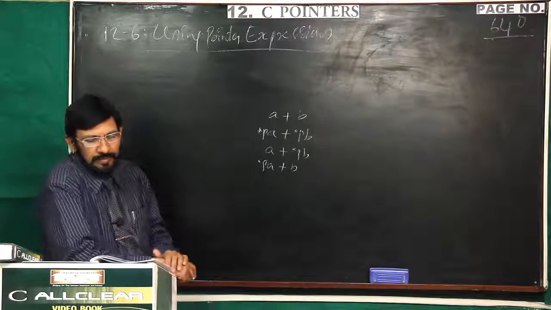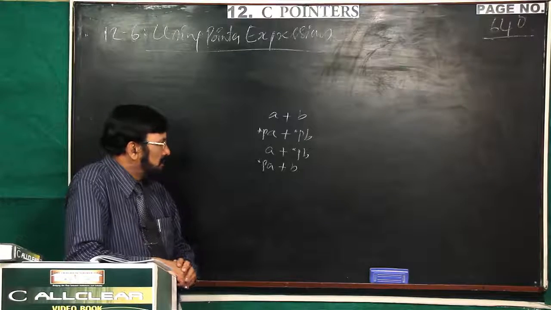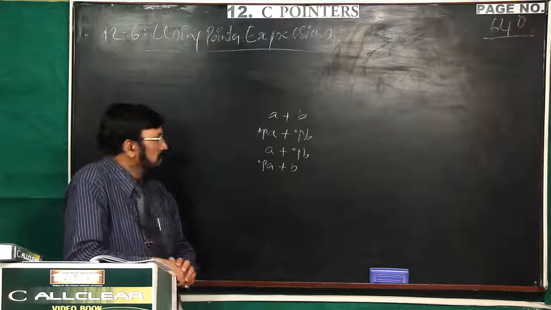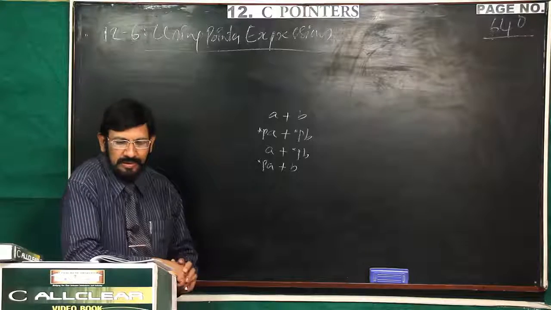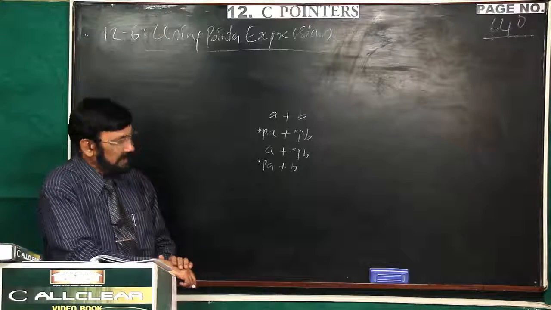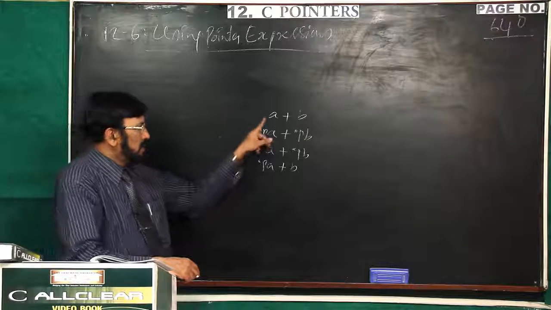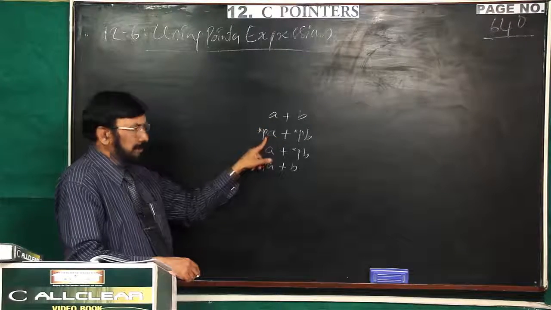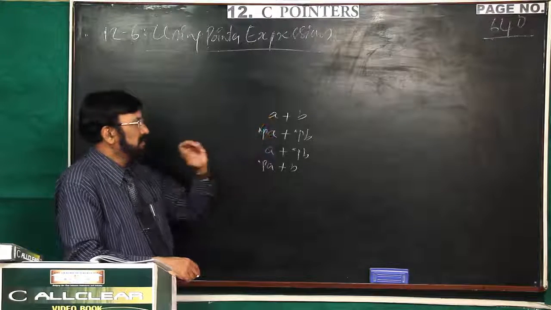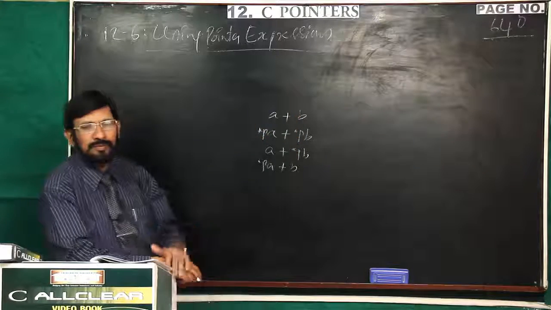In the same way, you can apply not only plus, but minus, multiplication, division, and get the same result. That is the basic objective of this program. You study the entire thing and realize that star PA is an alias of A, star PB is an alias of B.